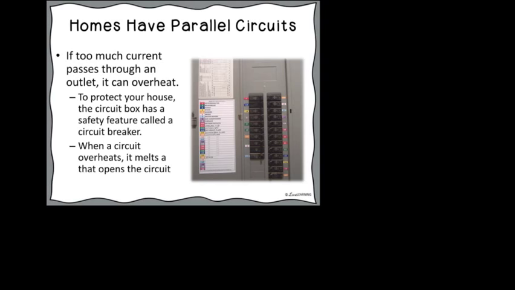So if one of your outlets overheats, it could cause one circuit to overheat and melt that circuit so it opens up. And once you have an open circuit, you have a gap, and that pathway is closed. That pathway has a dead end now and won't work.